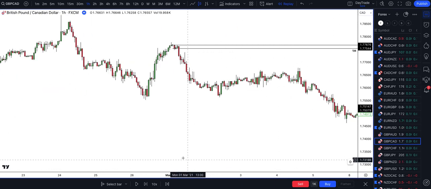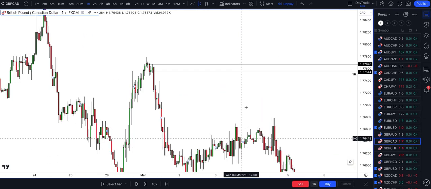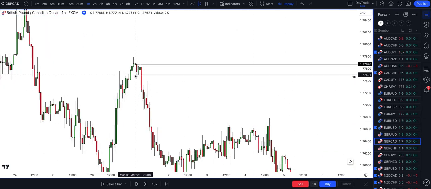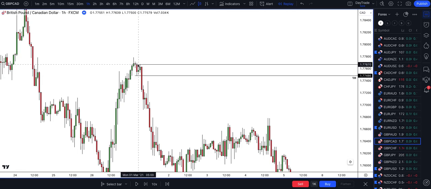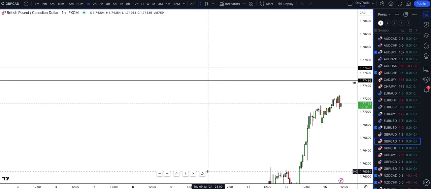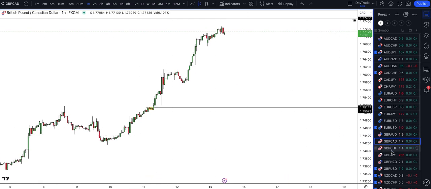Okay, so Pound CAD. Not the best zone either. Not one we'll take. The leg in's not good enough because it retraces too far up into the leg in. Nothing on this pair. Rubbish. Probably get a bounce though.